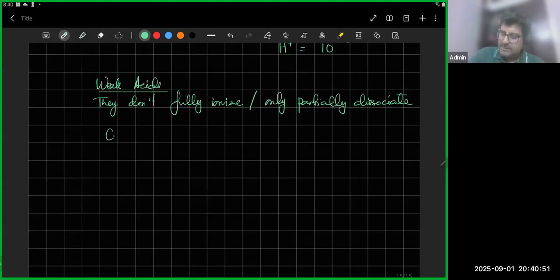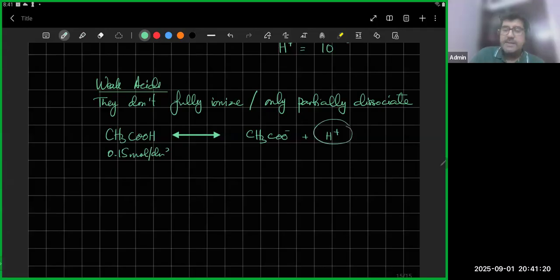This will be a problem. For example, if I have ethanoic acid, the problem with ethanoic acid is that it's going to dissociate, but partially. So if I have 0.15 mole per dm cube ethanoic acid, and I want to figure out how much H plus ions are present in the solution, that is not going to be 0.15 mole per dm cube.